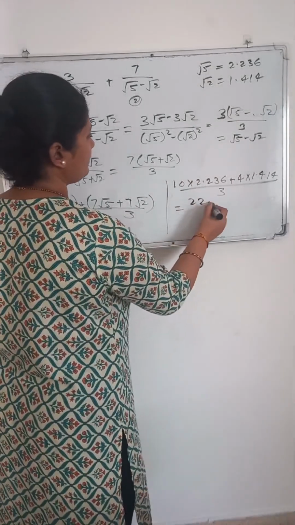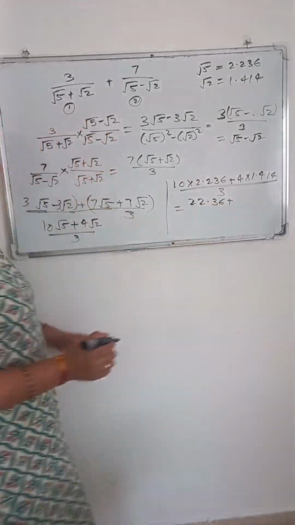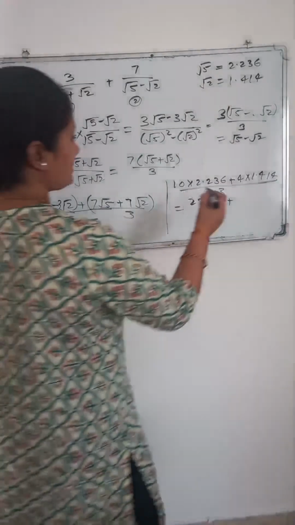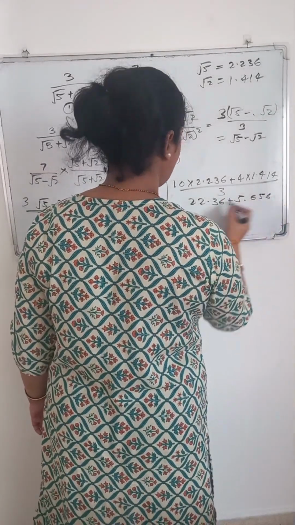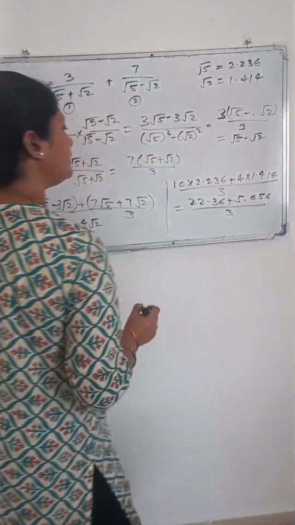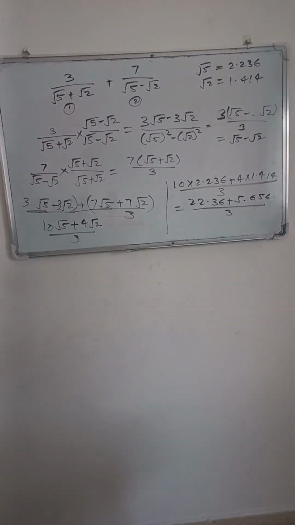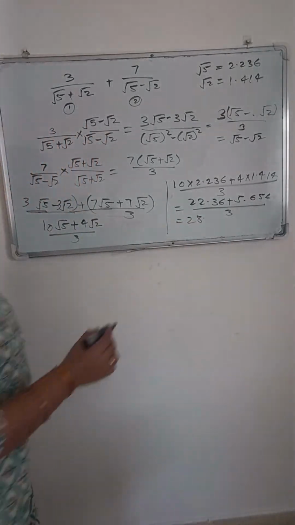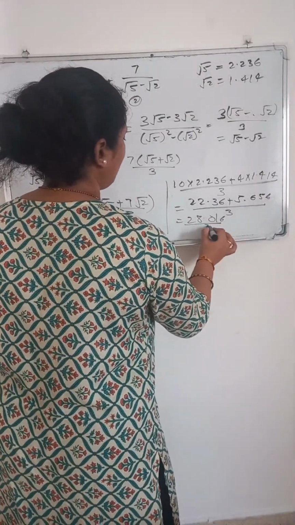The decimal gets shifted, giving 22.36 plus 5.656 divided by 3, that is 28.016 divided by 3.